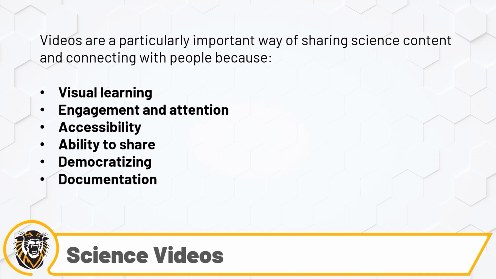A third reason videos are important for scientific communication is accessibility. Videos can cater to different learning styles, including visual learners. Videos really can make your content more accessible. Subtitles and translations can make science accessible to a global audience. Another reason is the ability to share.